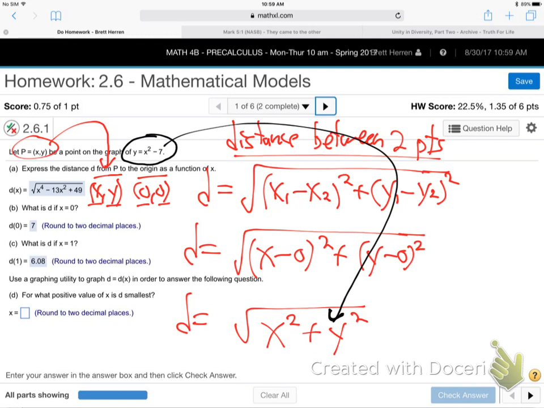Because we're on the graph, y equals x squared minus 7. So we can plug that in for y right there. So we'll get distance equals the square root of x squared plus y, and what is y? x squared minus 7, quantity squared.